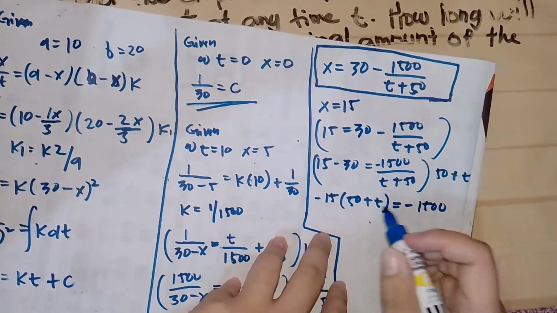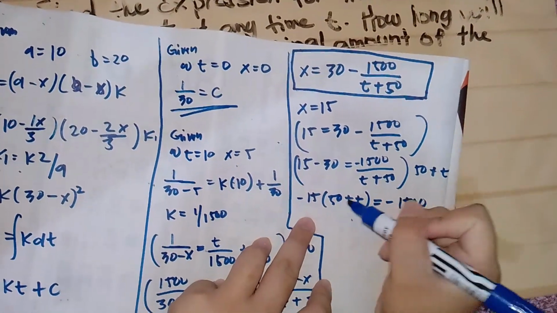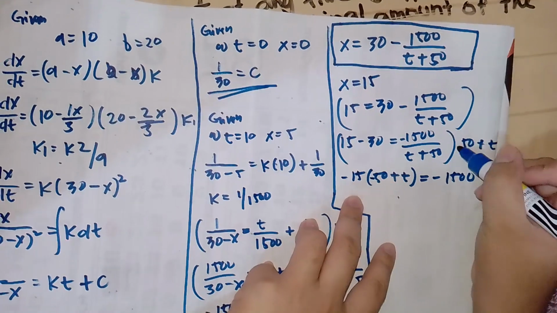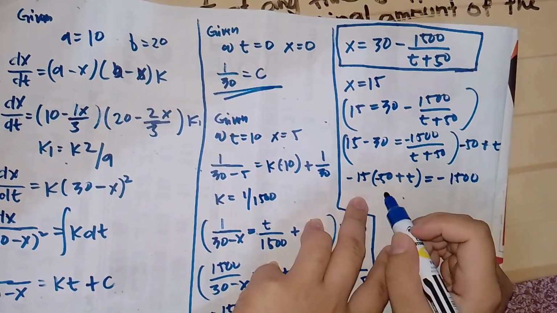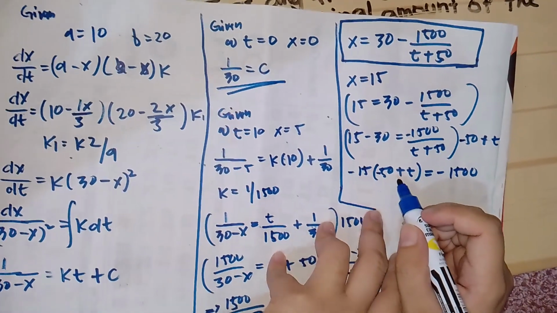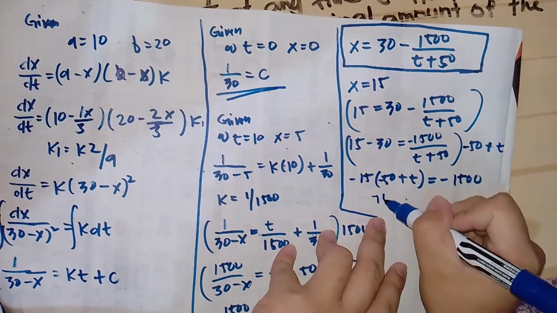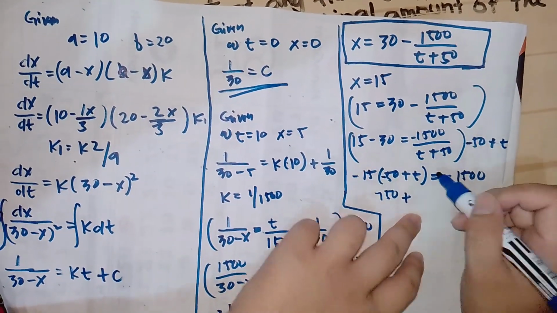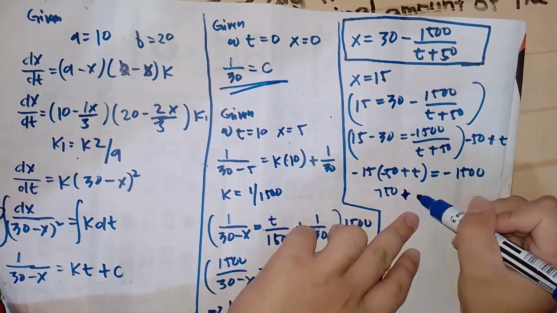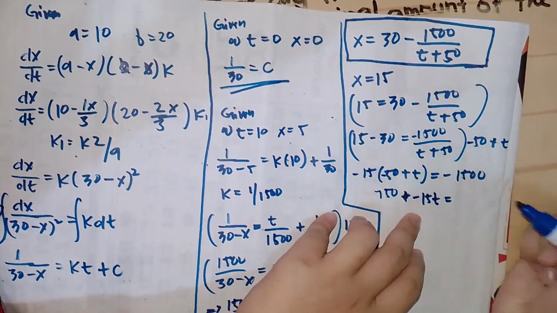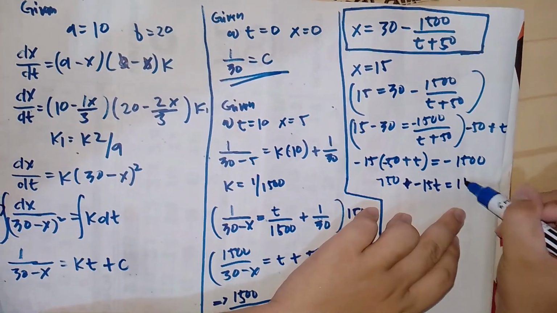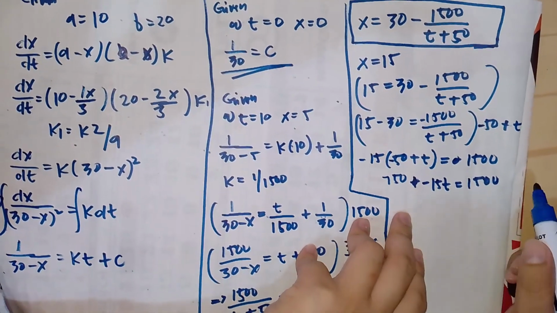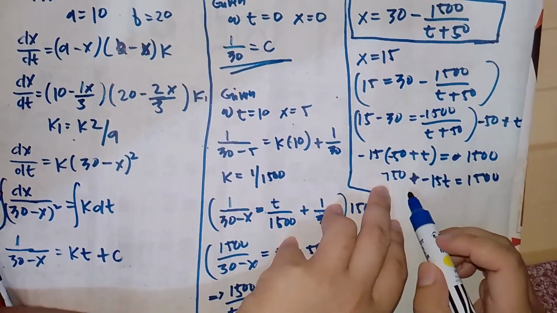Next is to distribute the negative 15. So negative 15 times 50 becomes negative 750, plus negative 15t is equal to negative 1,500. Next, we bring the 750 to the other side.